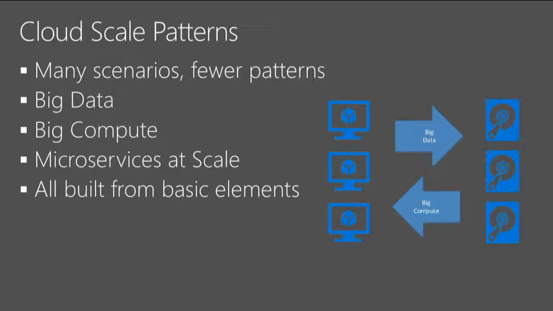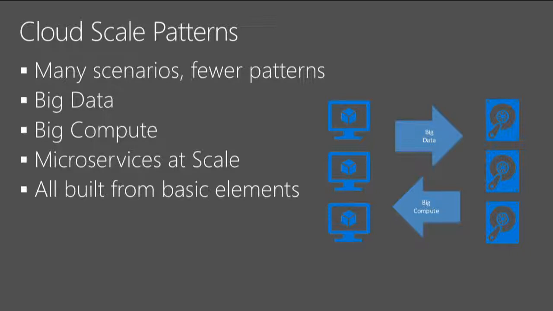You have a lot of big data type stuff where your data is the constraint, and this is either due to your ability to move it around or size, and then what you basically do is you tend to move your compute power closer to your data, and that's stuff like analytics. Big compute is sort of the other end of that spectrum, where it's entirely CPU bound, and you tend to move your data closer to the compute. This is stuff like rendering simulations.